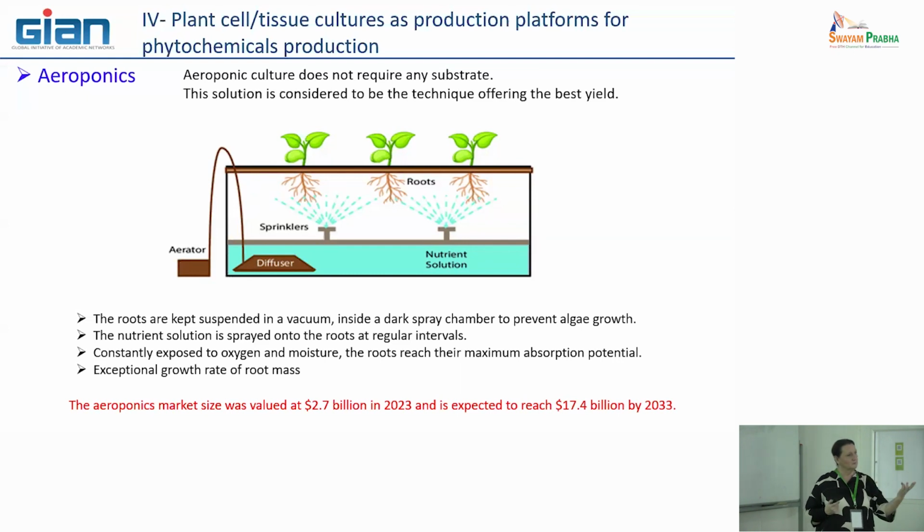And we have seen together that some metabolic pathways occur specifically in roots and lead specifically to specialized metabolites of interest. So it was also interesting to imagine adapting this type of production method, not for the plant by itself, but for the ability of the plant to produce specific metabolites, and in particular in roots.